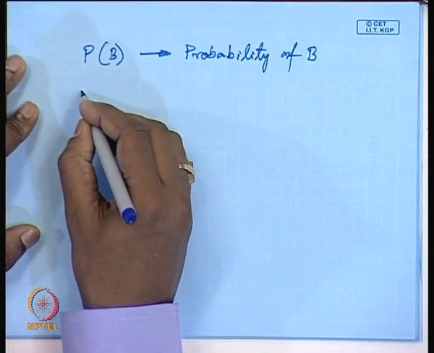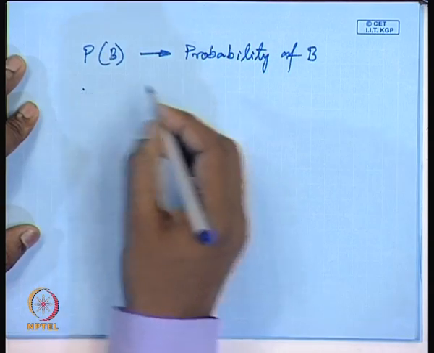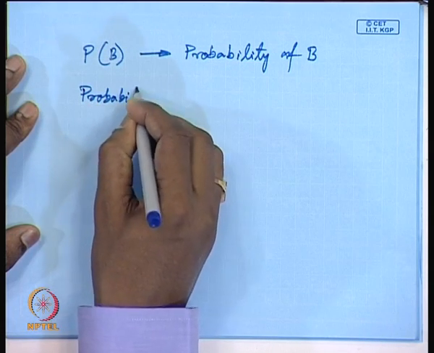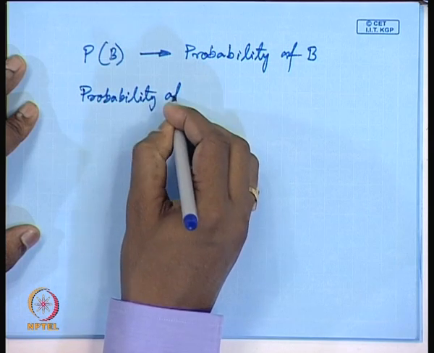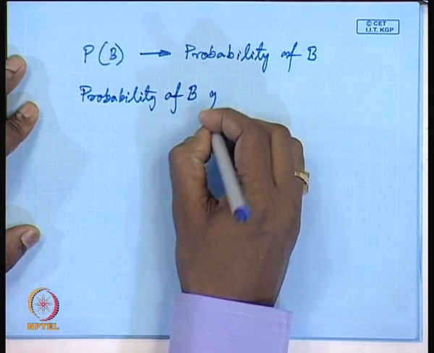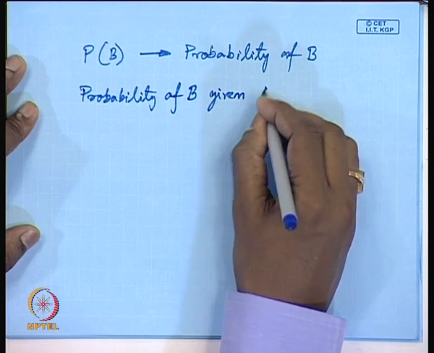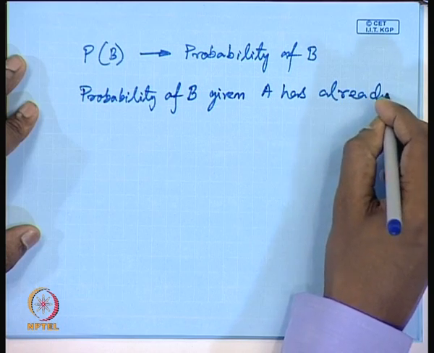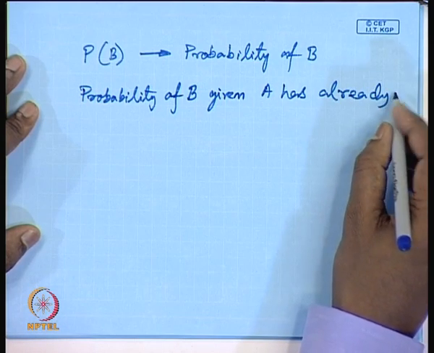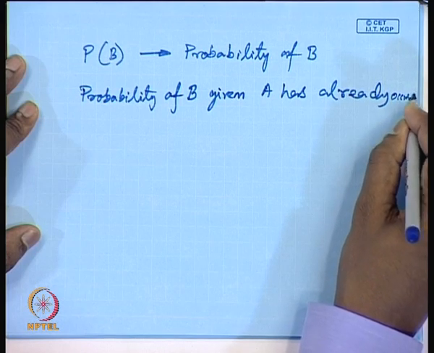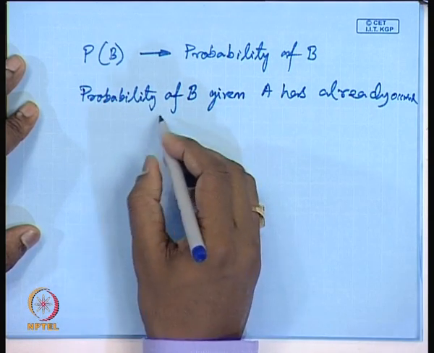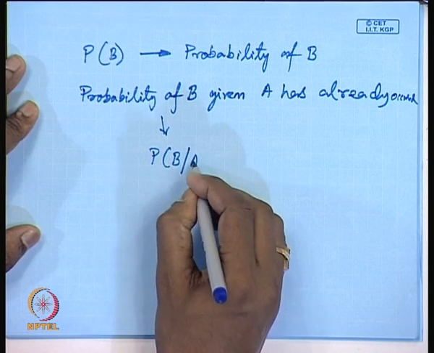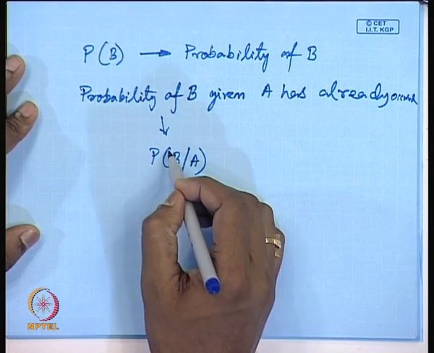Now, when we are saying the probability of B, but given A has already occurred, this we generally denote as probability of B given A. So, this is the notation for this one.